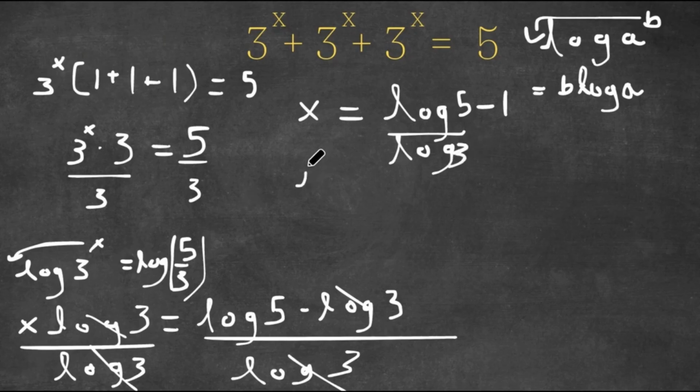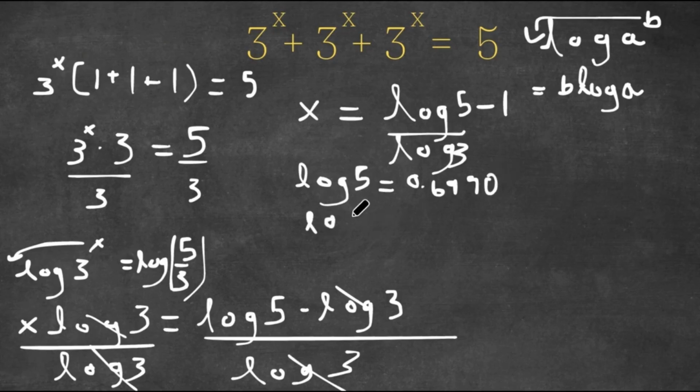So now the value of log 5 is approximately 0.6990, and the value of log 3 is equal to 0.4771.